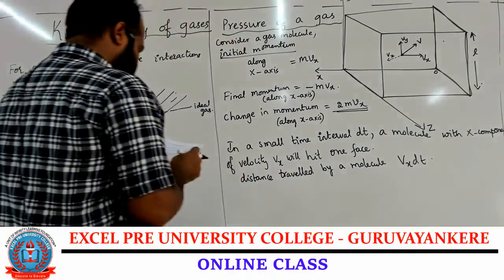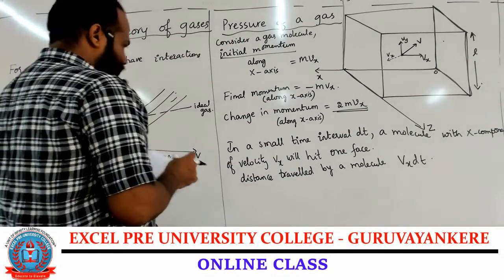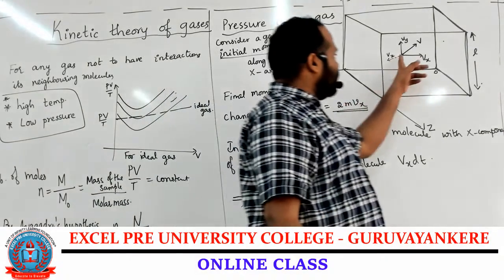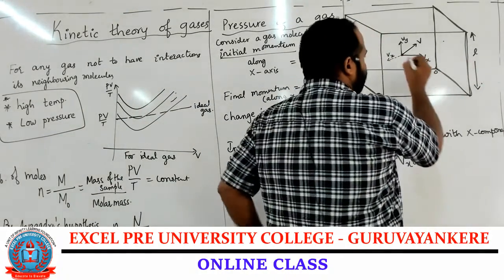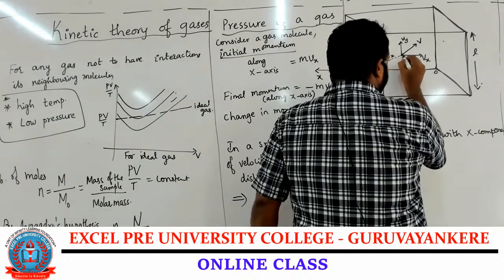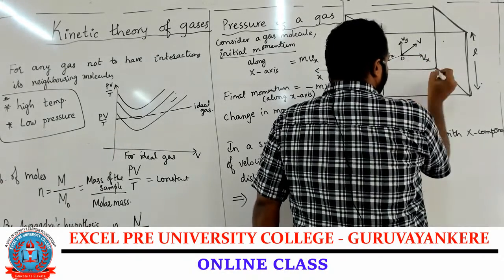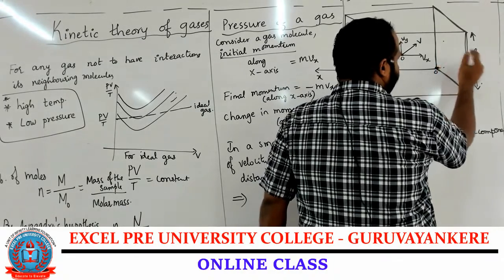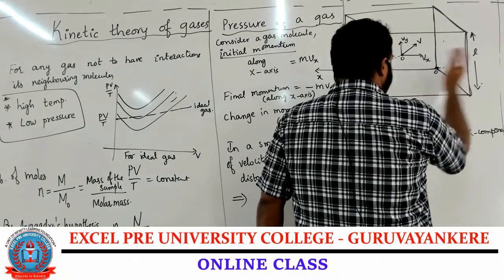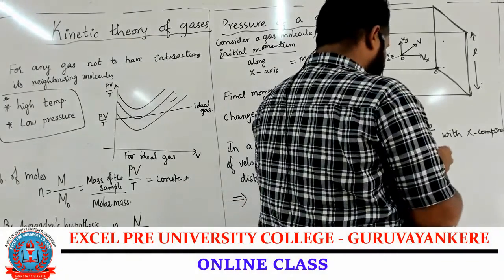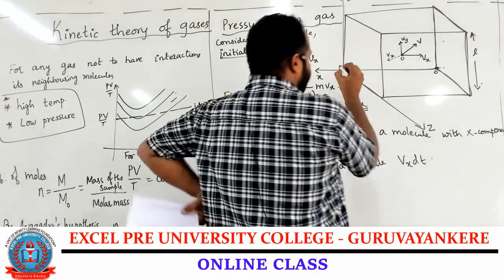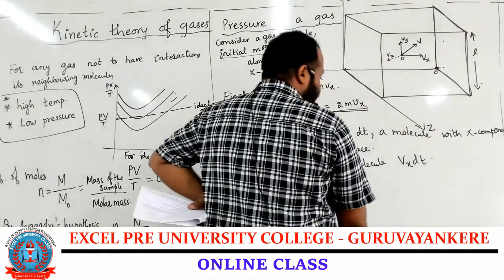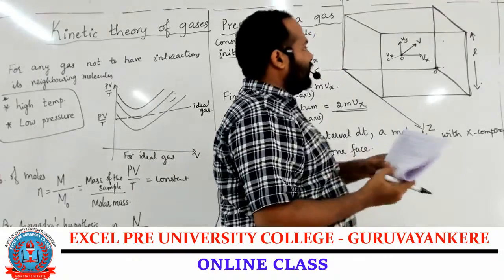The distance traveled by the molecule is vx into dt, because it starts from here. Say this is the origin. A molecule starts from one end and goes and hits the other face.